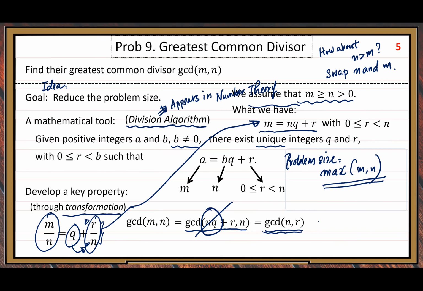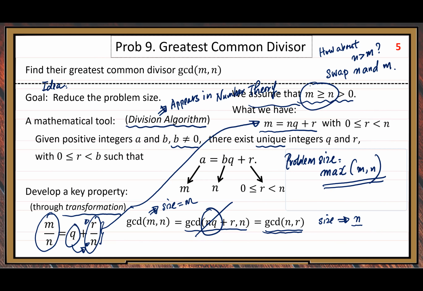Before reduction, the size is m. After reduction, the size is n. And we assume m greater or equal to n.